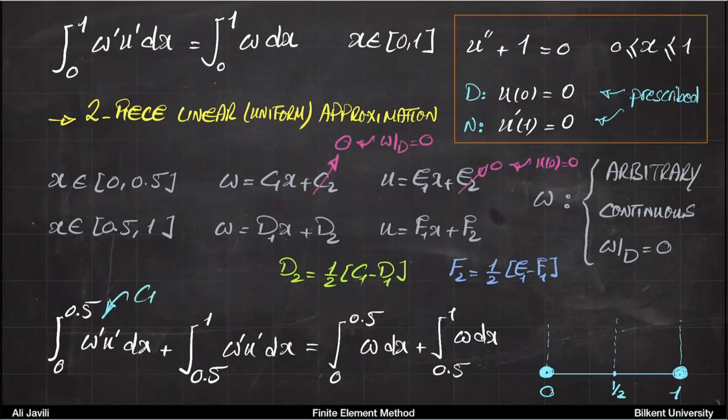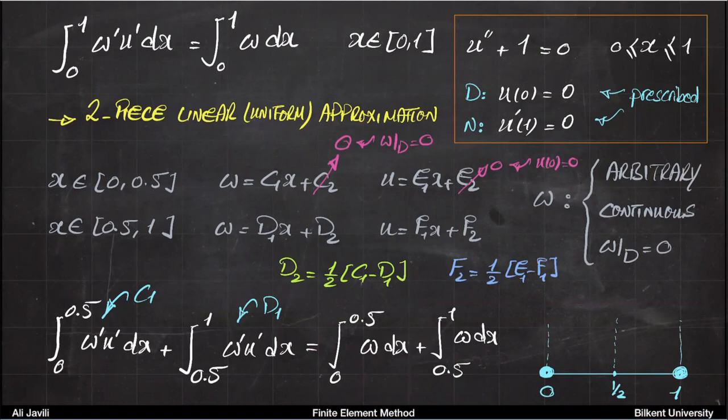In the second piece, W prime is D1, right? It's just a derivative basically. So the derivative of a constant is 0, so it doesn't enter the equation. Now, we have these relations for C2 and D2. So later when we need them on the right-hand side, we also remember that.